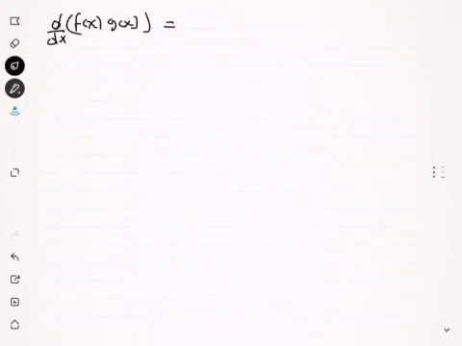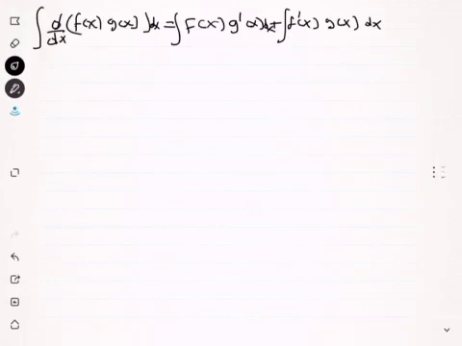So using the product rule, you get first function, you leave it alone, you take the derivative of the second function, then you take the first function and take the derivative on it, and then you take the second function and you leave it alone.